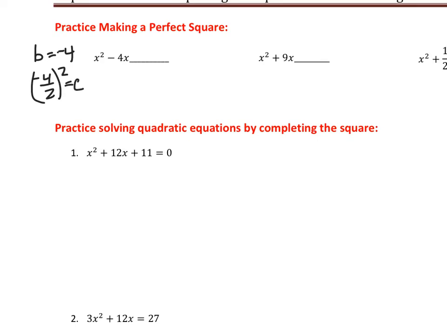Half of negative 4, divided by 2, that's negative 2 squared. That equals 4. So if I add 4 here, I'm creating a perfect square. And I can rewrite that as x minus 2 times x minus 2, or x minus 2 squared.